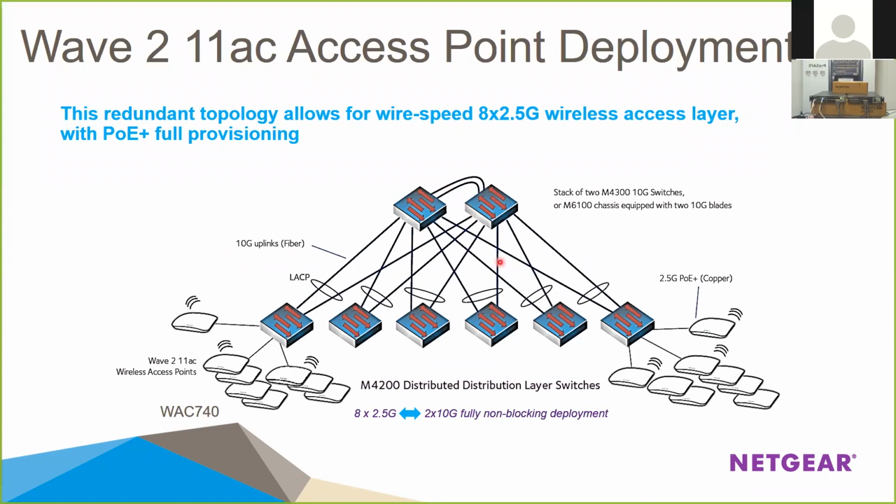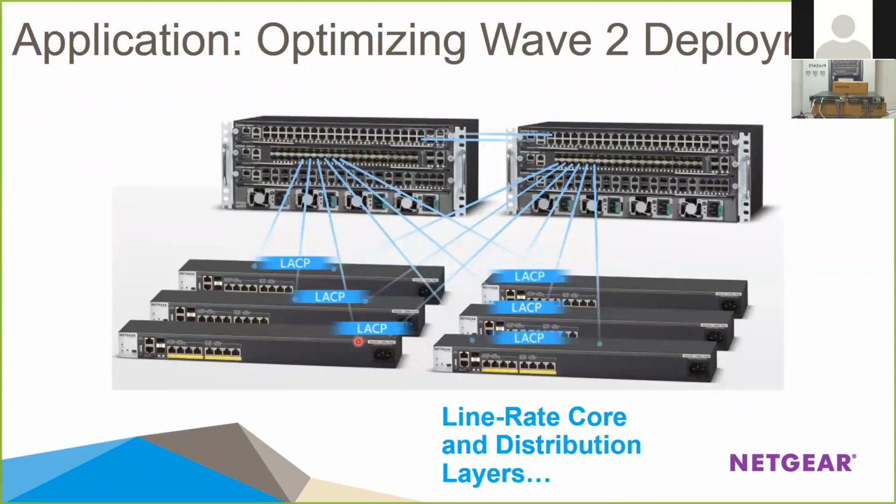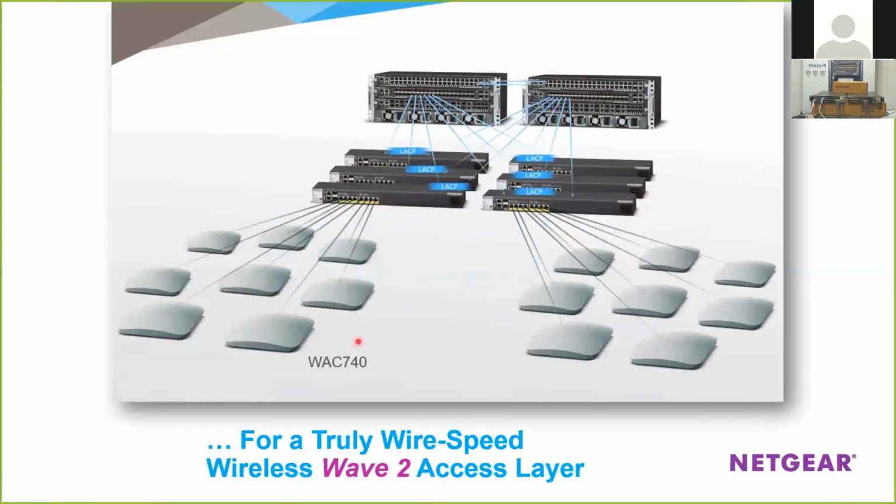For the sake of the demonstration today, we are going to use M4300 10 gig switches in a stack, so that we have a fully redundant installation and overall high performance operation. To give you that overview, we'll see those 2 M6100 chassis, for instance, deploying the M4200, and the complete picture comes into view.